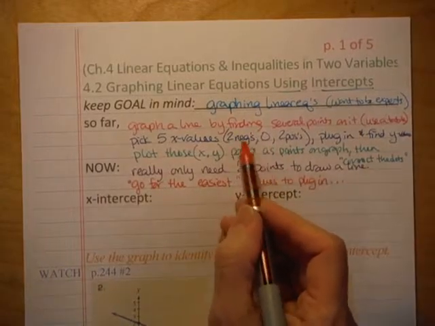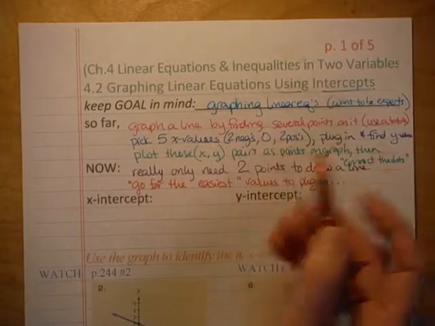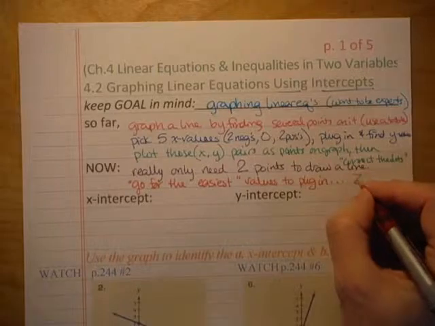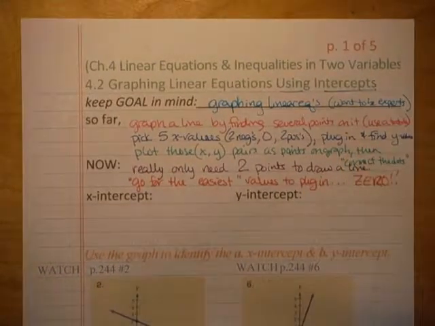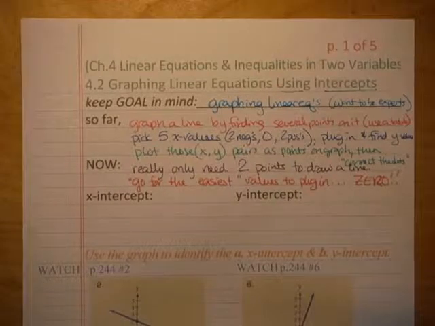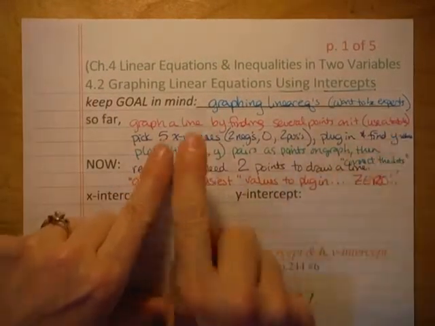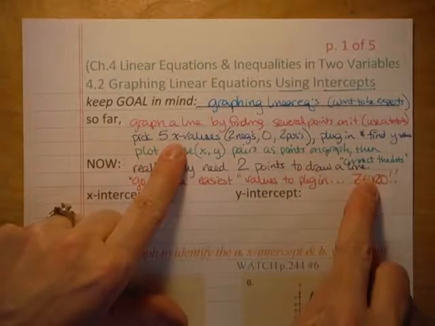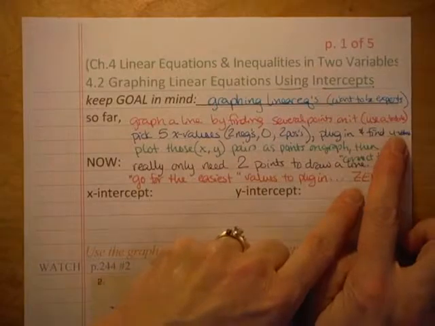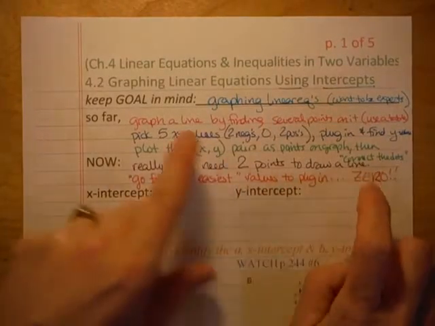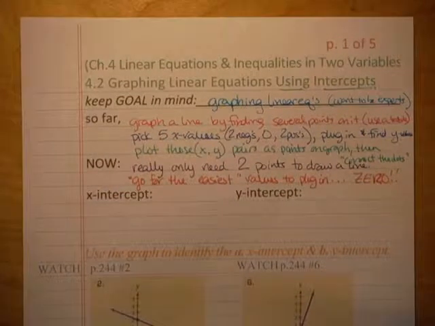Well, the negatives, the 0, the positives. It's easiest to plug in 0. So what we're going to do is, instead of picking 5 x's and finding y's, we're going to pick 1 x, make it 0, plug it in and find our y. Turn around then and pick a y value of 0, plug it in and solve for x.